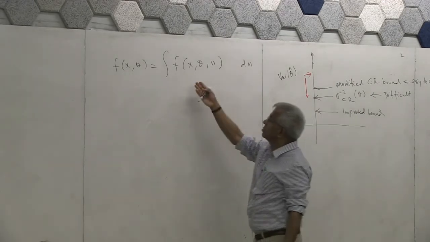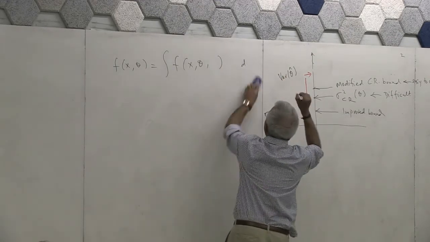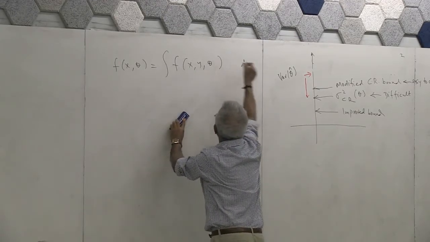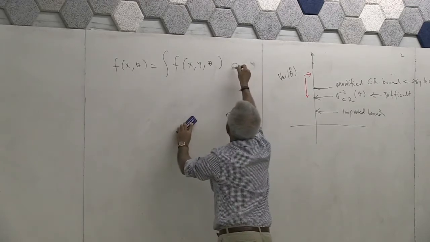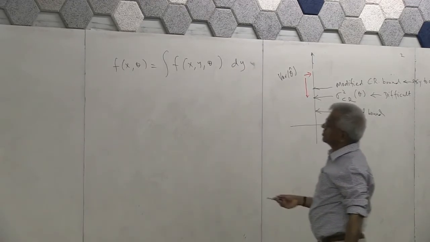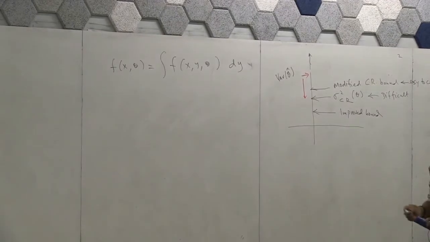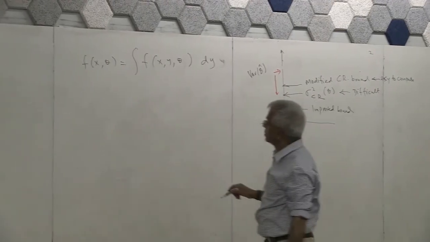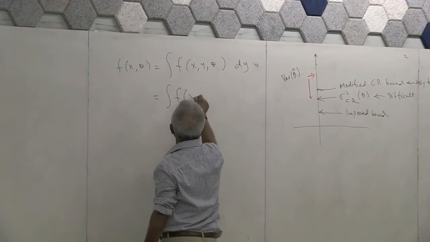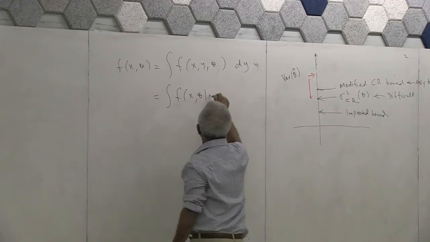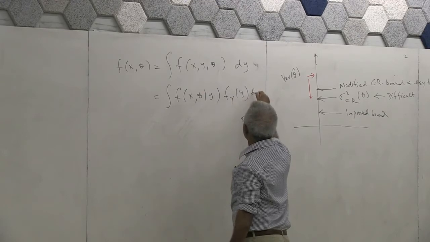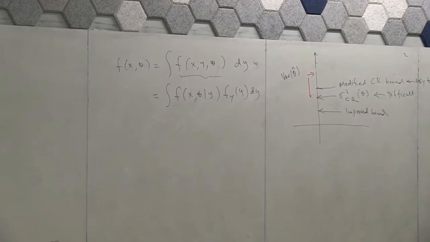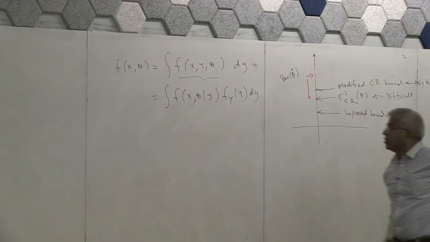In any case, this is certainly true: the density function of x is obtained from the joint density function of x and y by integrating out y. I can also write this density function using the conditional density function. Then what?